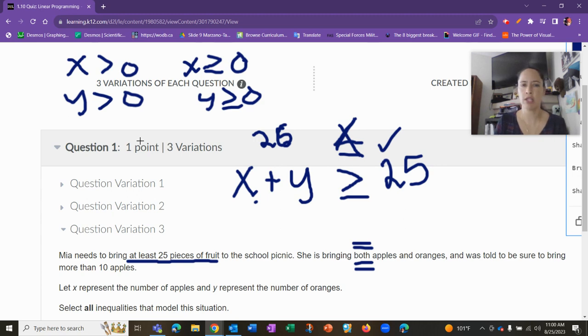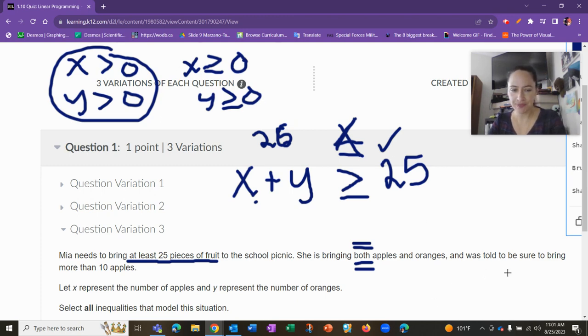Do we have to bring apples? Do we have to bring oranges? Can I bring all apples? Can I bring all oranges? If I can bring all of one kind, then apples could equal 0 and oranges could equal 0. But if I'm bringing both, that means neither one can equal 0. I've got to bring at least one apple, one orange, maybe a piece of an apple or a piece of an orange, however you want to think about it in your problem.